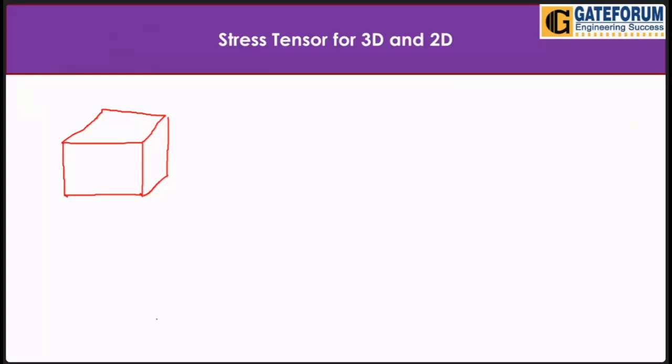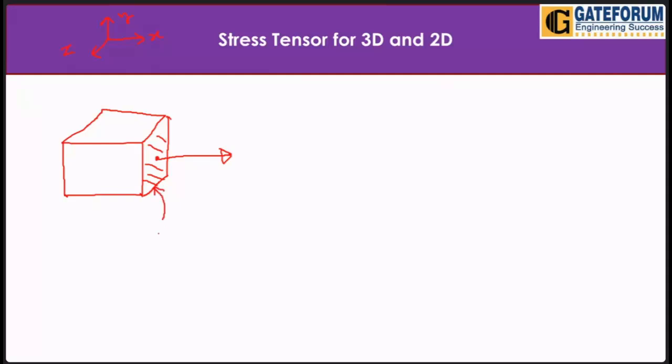Now just look here. Suppose we have a cube and 3 axes: here the x axis, here the y axis, and here the z axis. Suppose we go for this face. If I draw a line perpendicular to this face, obviously it will be the x axis, and if I shade this plane, it is the YZ plane.